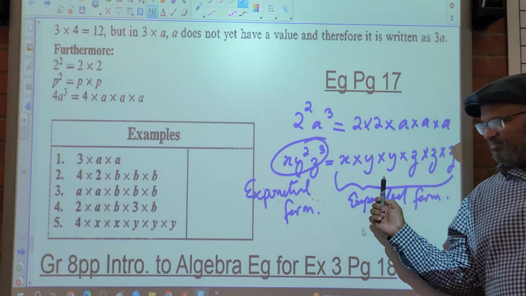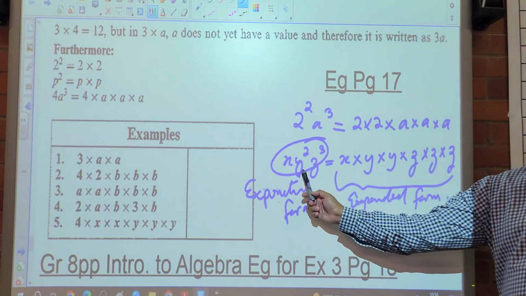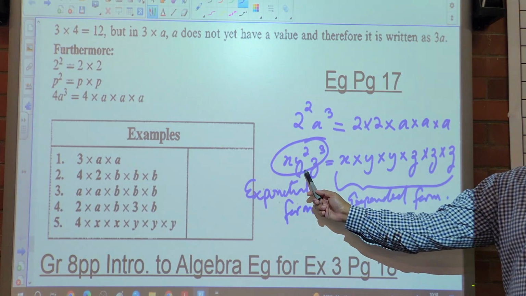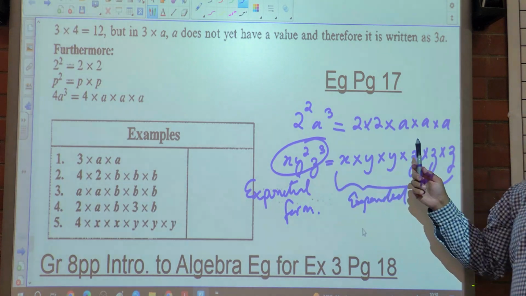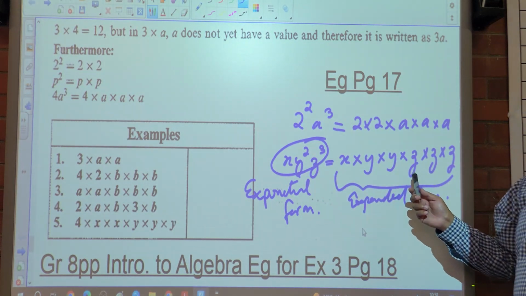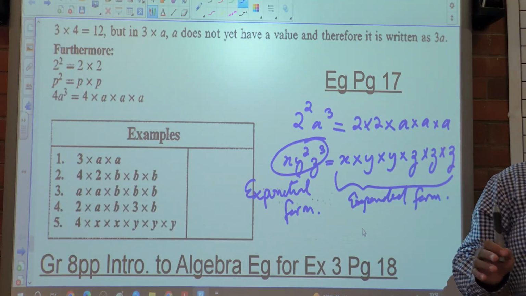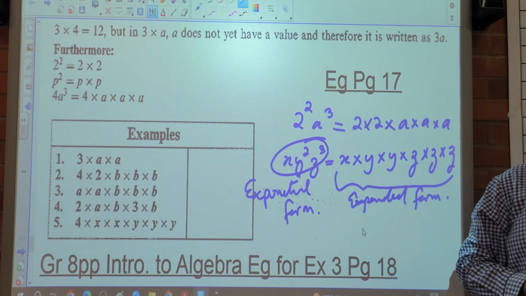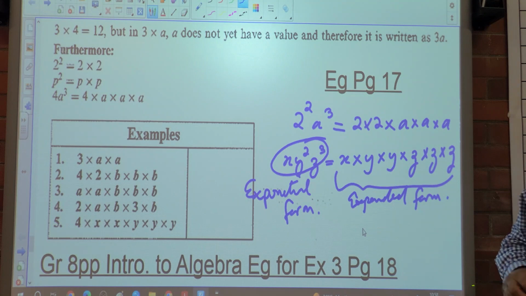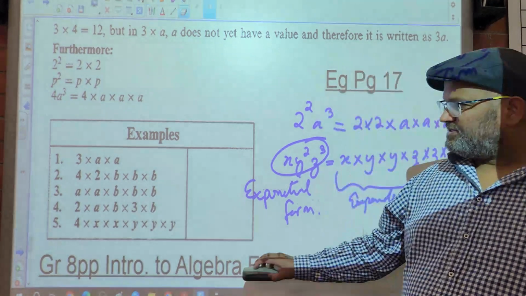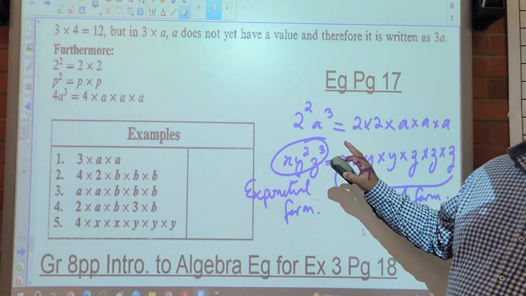If they ask you to simplify, then this is what your answer will look like. If they ask you to write it in expanded form, this is what your answer will look like. Okay? You all understand? Any confusion at this point?